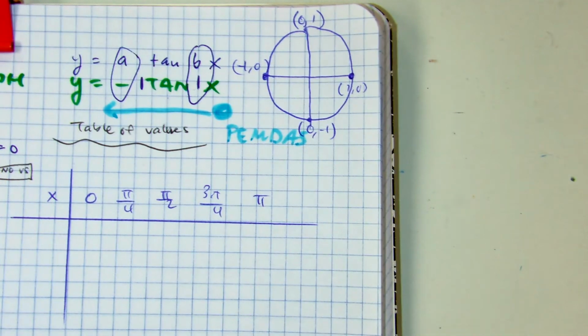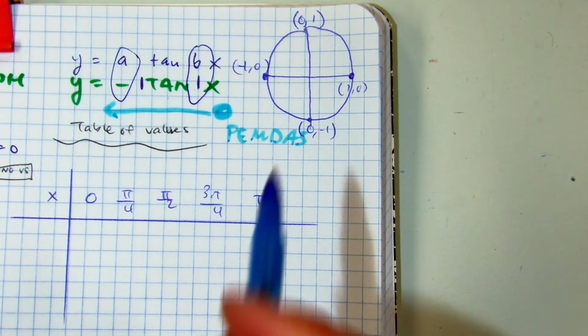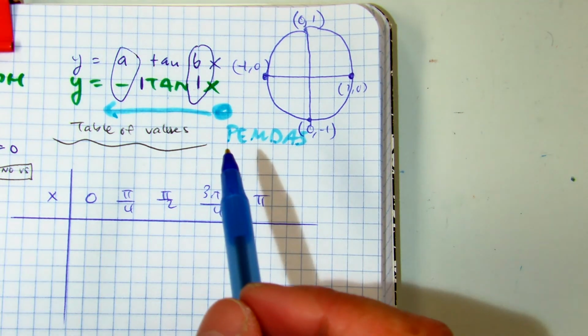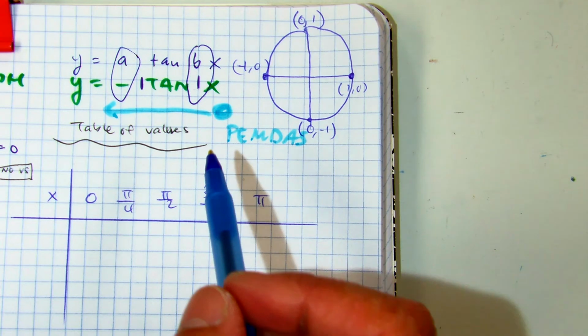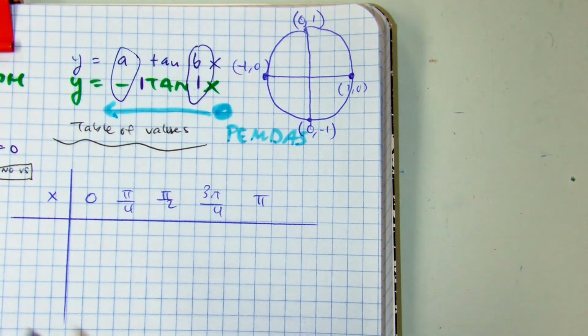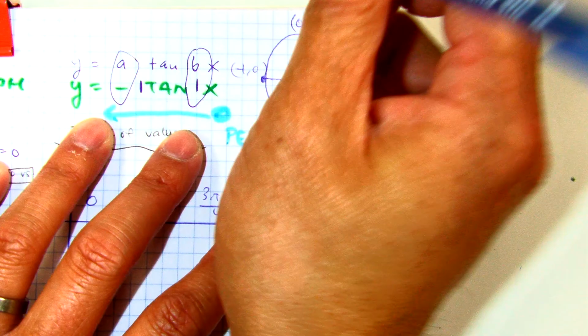Ricardo? Thumbs up. So tangent's not the y. Let's say it all together. Tangent is equal to? Y over x. Very good.